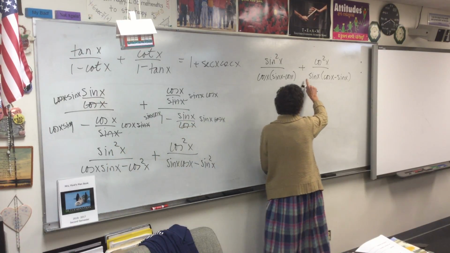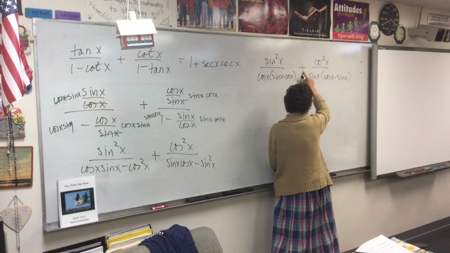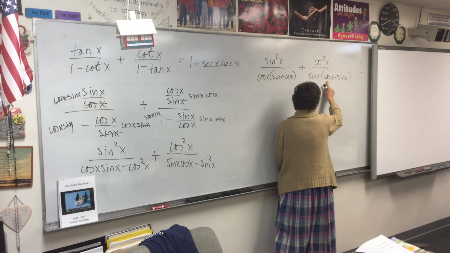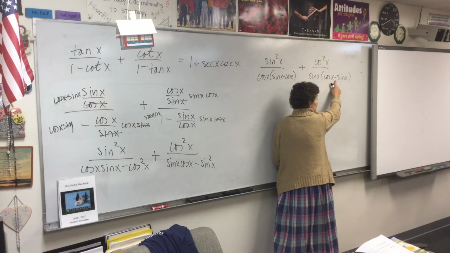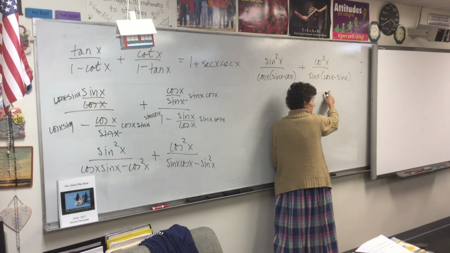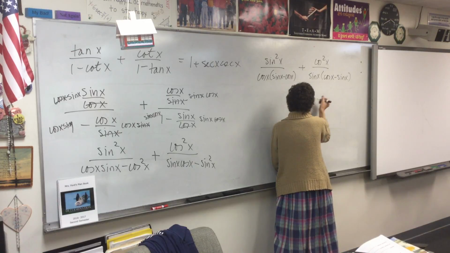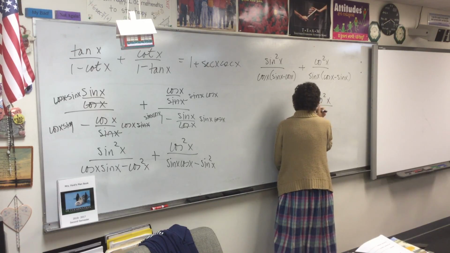If I made this a negative sign, a minus sign, could I turn that around? Could I, in other words, factor a negative out of this parentheses? So if I did that, it would look like this.